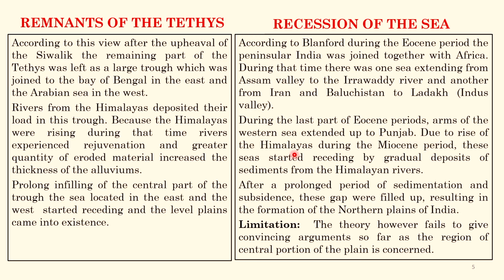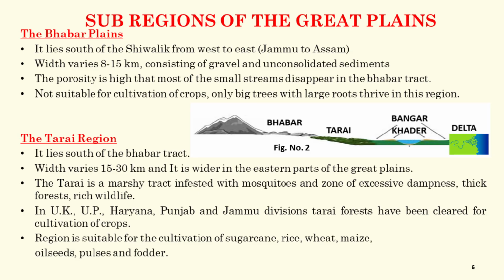Due to the rise of the Himalayas during the Miocene period, this sea started receding by gradual deposit of sediment from the Himalayan rivers. After a prolonged period of sedimentation and subsidence, these gaps were filled, resulting in the formation of the northern plains of India. The limitation of this theory, given by Blandford, is that it fails to give convincing arguments so far as the central portion of the plain is concerned.